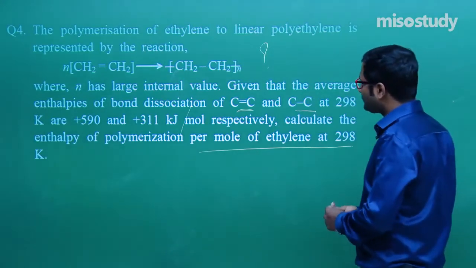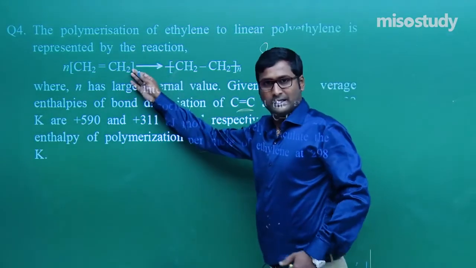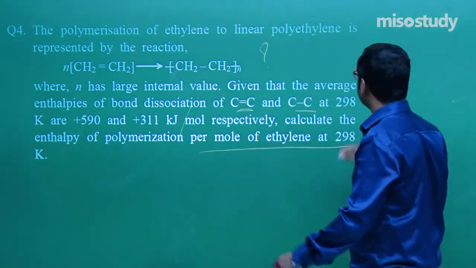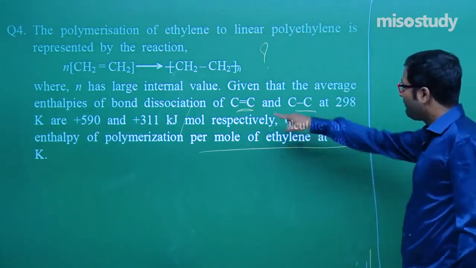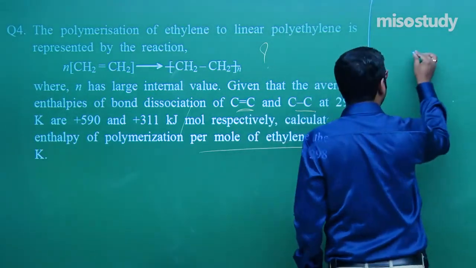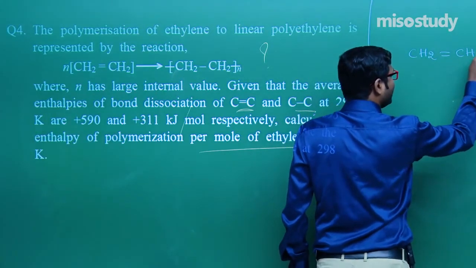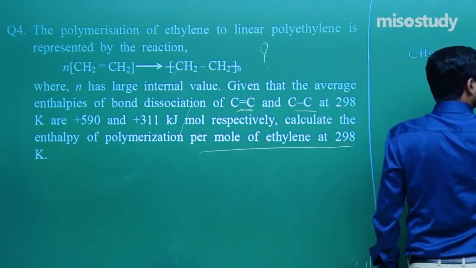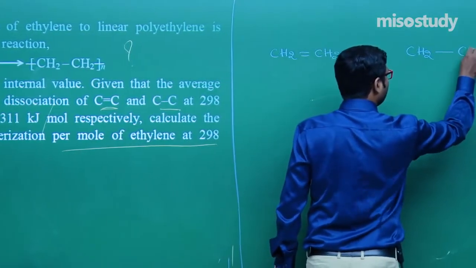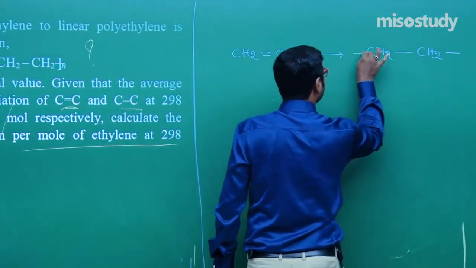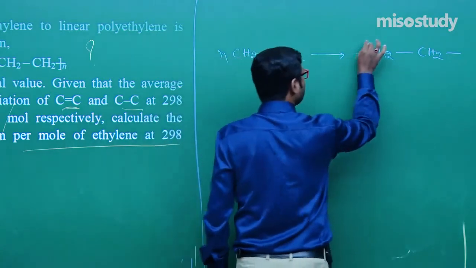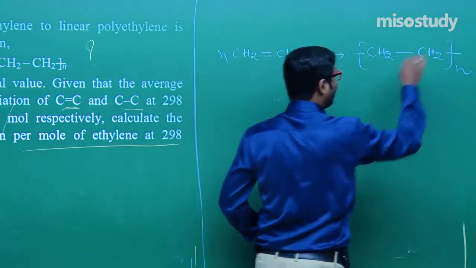Now look, here n mole of ethene gives polythene. How to solve such a question? Look, per mole is given. If I take 1 mole of ethene like this, then what will happen? It will break like this. Clear? This is the representation. Check it out. Am I right?